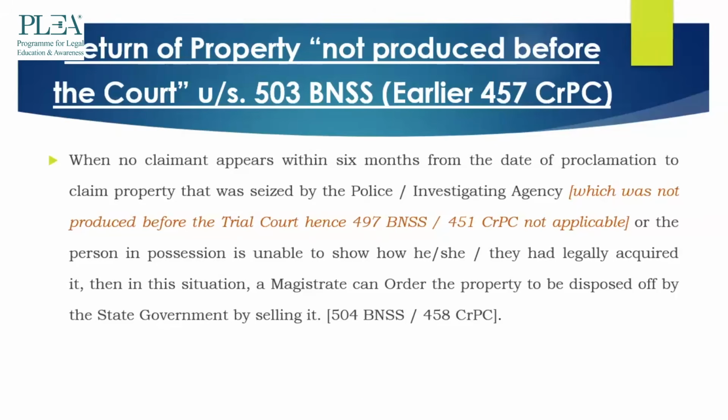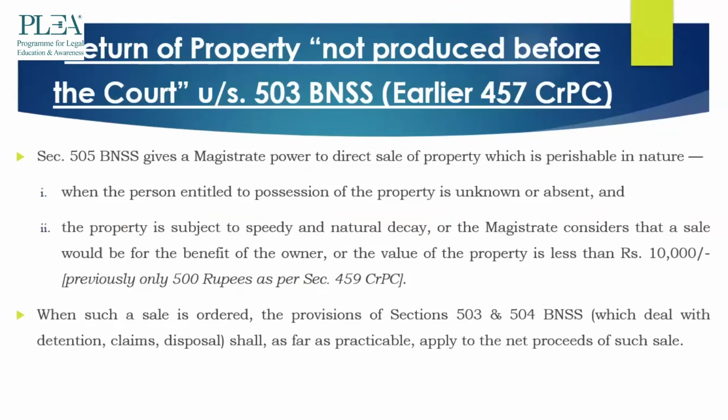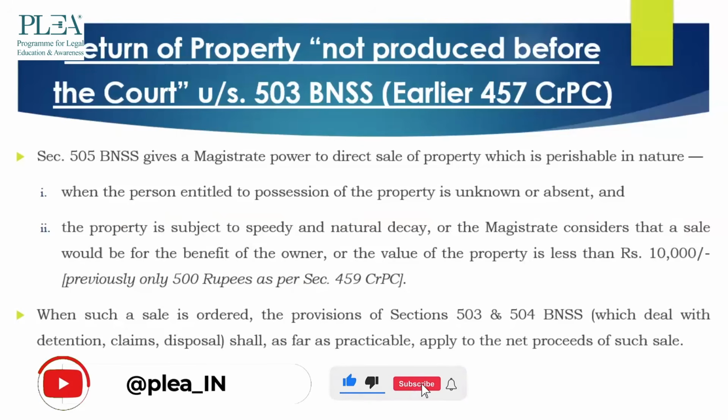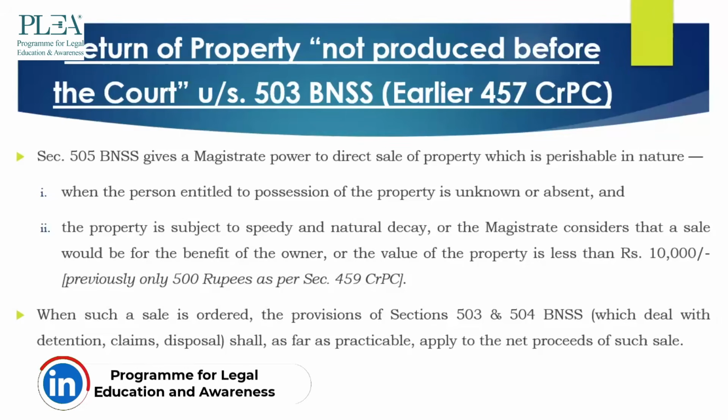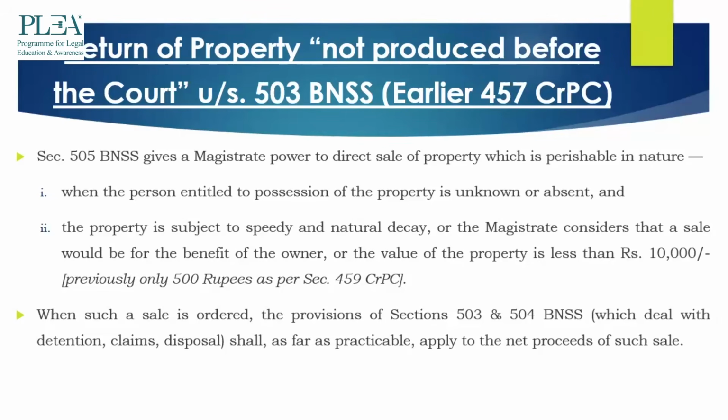And further, there is another provision specific to the perishable items which are seized by the police. The magistrate has a power to direct sale of such perishable items when the person entitled to its possession or legal ownership is not known or is absent, and the property is subject to speedy and natural decay, and the magistrate considers that a sale would be in the beneficial interest of the owner, or the value of such property is less than 10,000.